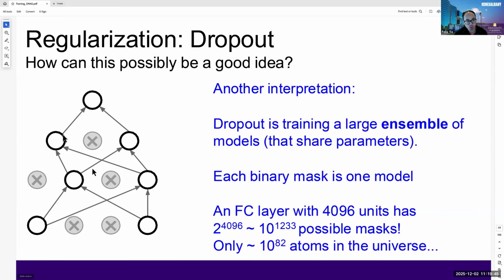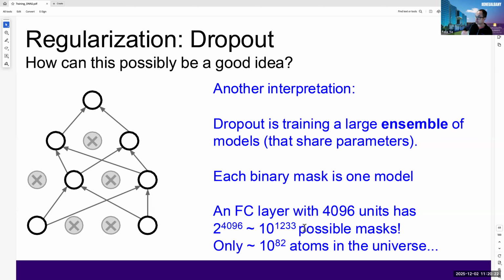So whether we turn neurons on or off, we get a new set of models each time we do the forward pass or the backward pass. This turns out to be very helpful because, for example, a fully connected layer with 4096 units has 2 to the 4096 possible masks.